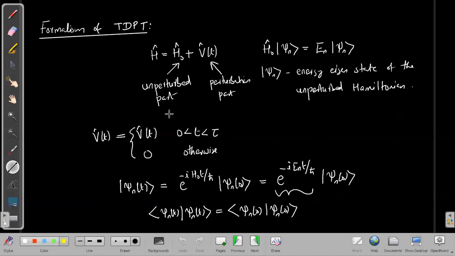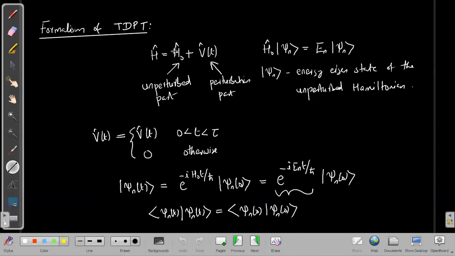The time dependent perturbation theory is an approximation method, and it is usually applicable if the total Hamiltonian has two parts: a time independent part which is exactly solvable, and a time dependent part which is called perturbation, and the effect of the time dependent part must be very small compared to the time independent part, the h0.